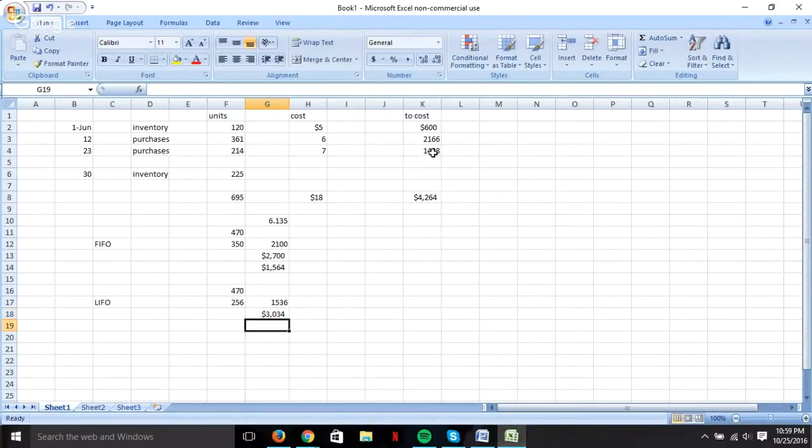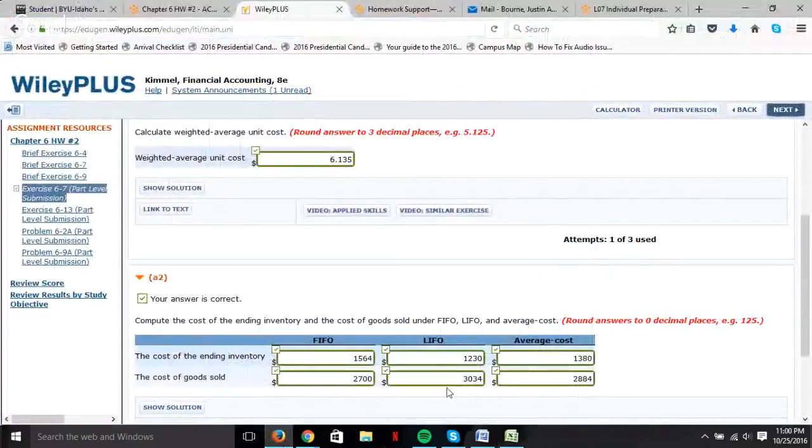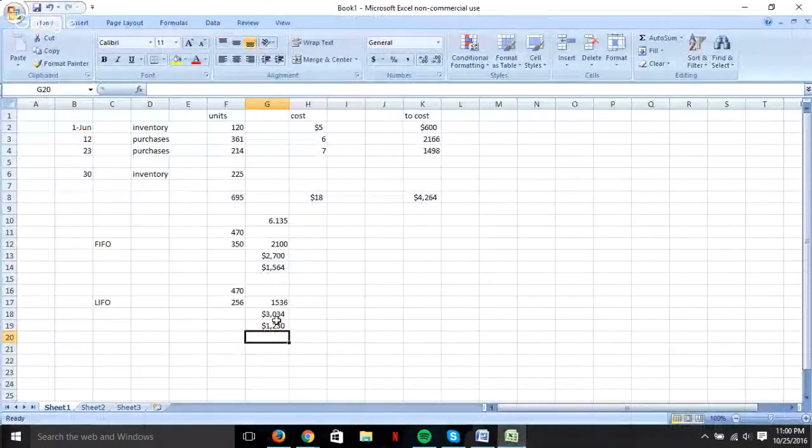There we go. This is our total cost of goods sold. Forget what I had said earlier. My bad. And then, as we were doing, the total cost minus cost of goods sold gives us 1230. That's better. Cost of goods sold was the 3034, and cost of ending inventory was 1230, as we got right here. I'm sorry again about that.